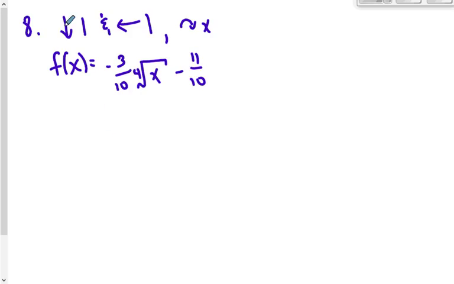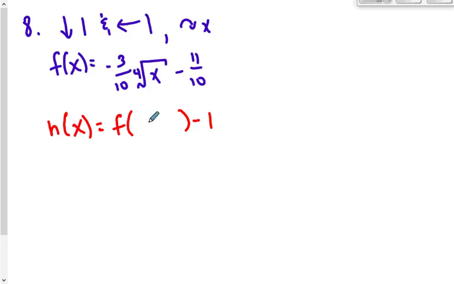So first, we need to move down 1, left 1. So when our h of x, tell me what I'm going to write. f of what? Negative, no, that would be a flip. I can't do a flip first. So for my down 1, that's going to be a -1 on the end.